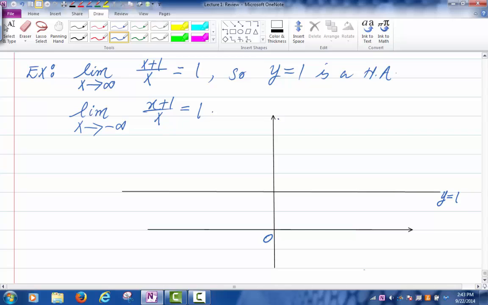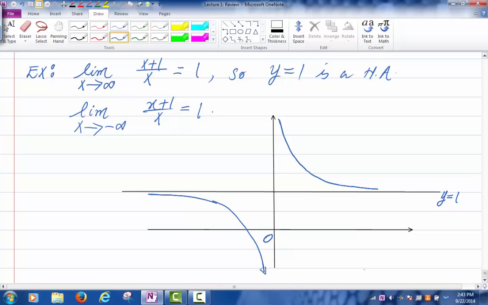It really looks like 1 over x, except that the horizontal asymptote is at y equals 1, not the x-axis, and it has another part which looks like this.